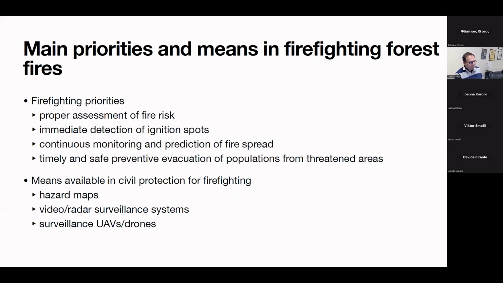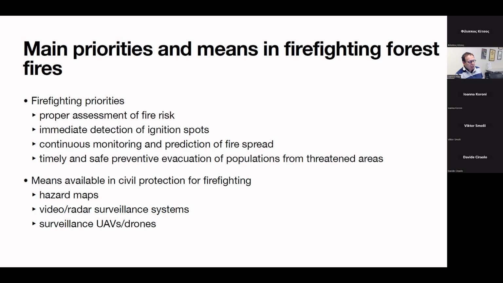Okay, so when we talk about firefighting, forest fires, the main priorities is first to find ways for the proper assessment of fire risk, to be able to immediately detect ignition spots so that firefighting forces can be timely notified, to be able to continuously monitor and predict the fire spread, the direction and the strength of the fire, and to be able to timely and safely implement proactive evacuation of populations from threatened areas.